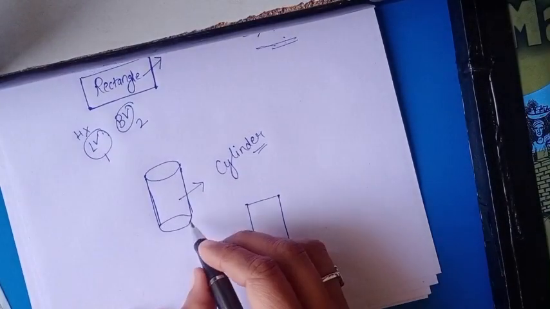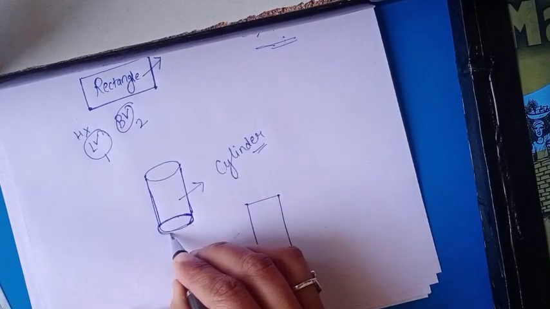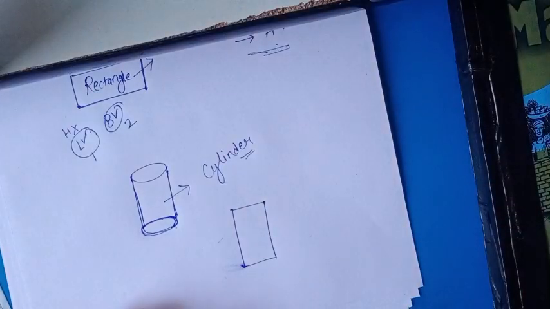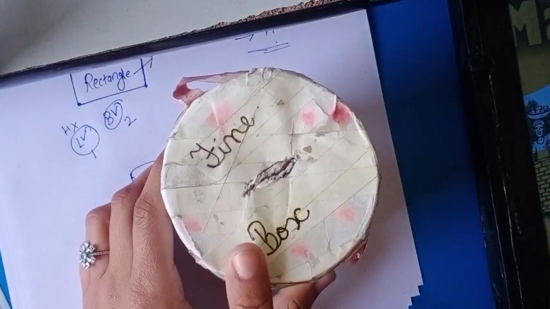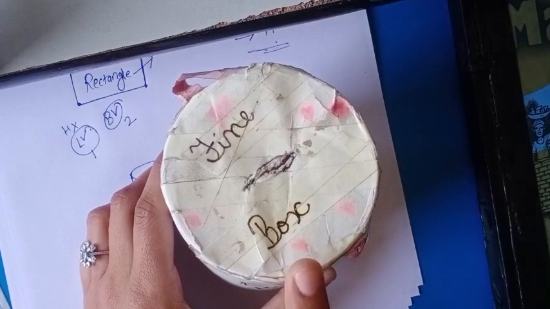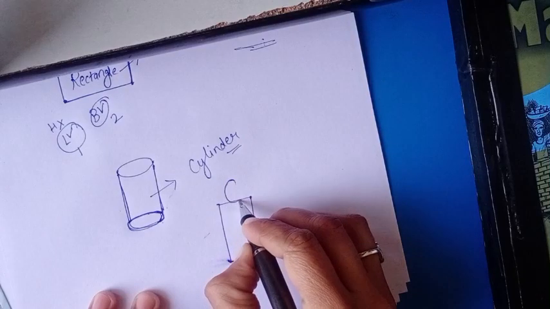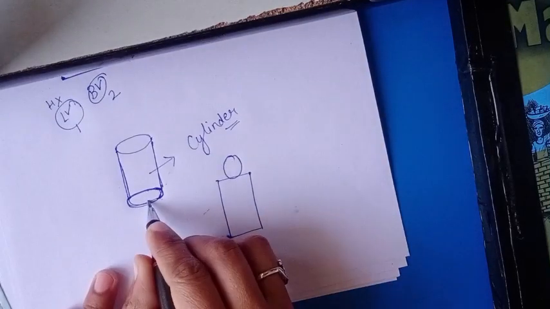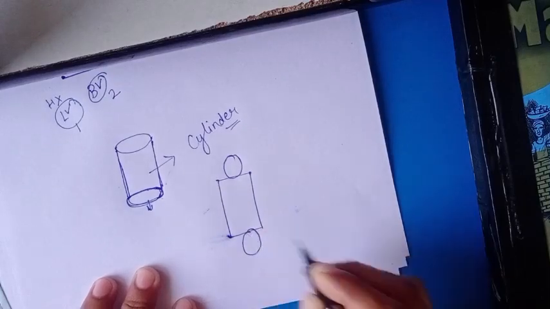Now a second question arises from this figure. What is this? You will tell me, this is a type of circle. A circle from here and one circle from below, at the bottom.